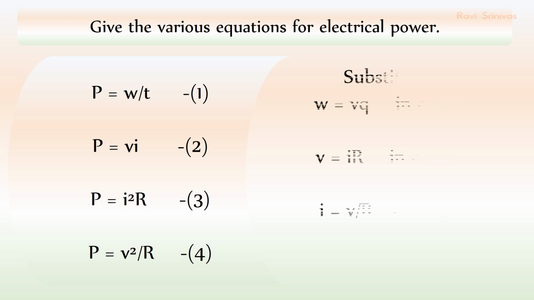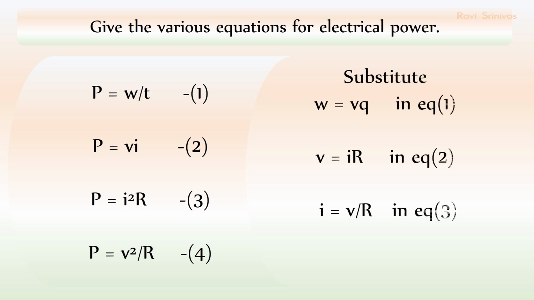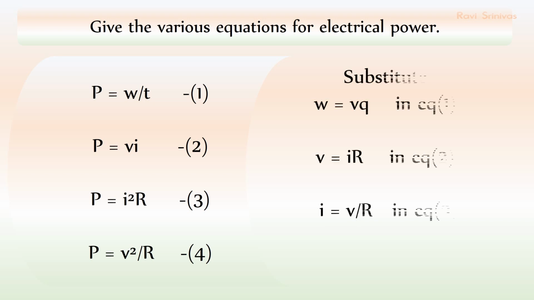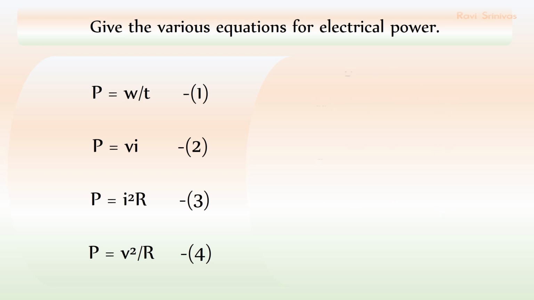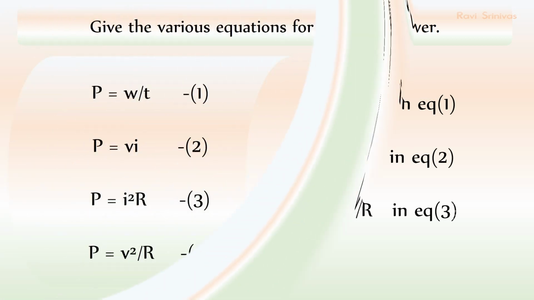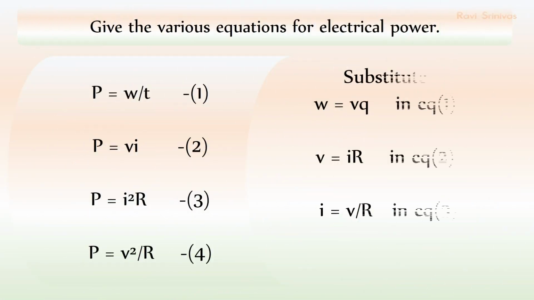From Ohm's law, we know V equal to IR. When we substitute this in equation 2, we have the third equation, which is power equal to I square R. From Ohm's law, we can once again substitute I equal to V by R in equation 3.